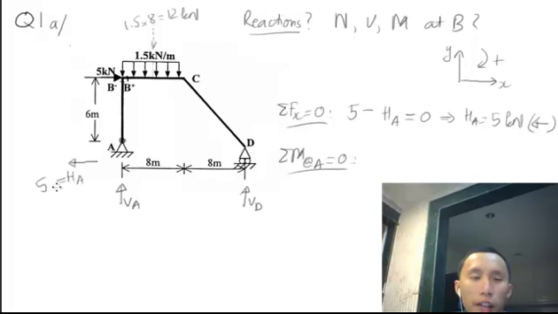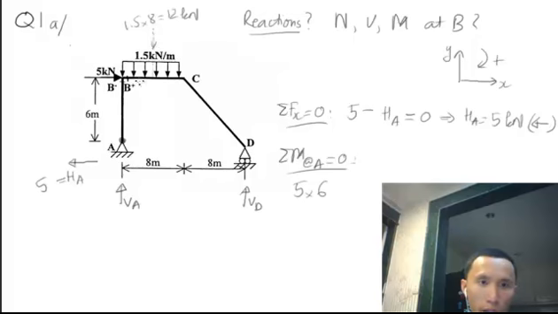Now this cancels, so this one is 5 kilonewton. Because 5 goes around A in the clockwise direction, it is positive. Positive 5 times the length from this force to A, which is 6 meter. Next will be 12.